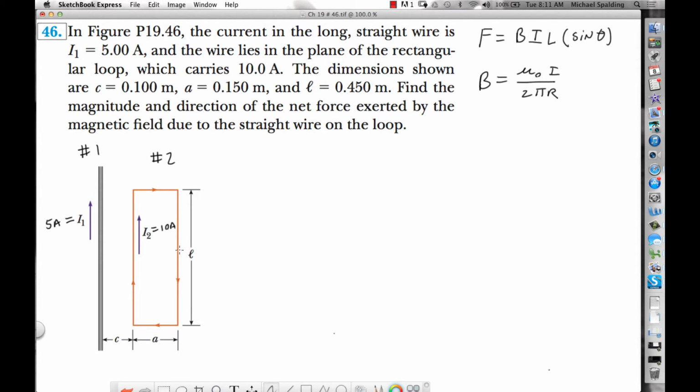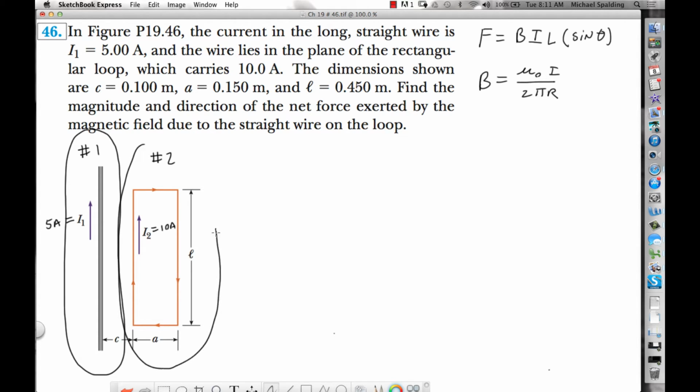Okay, in this problem, wire number one is the source of the magnetic field. Wire number one creates the magnetic field. It's how the problem is worded. Okay, now what's wire number two doing?